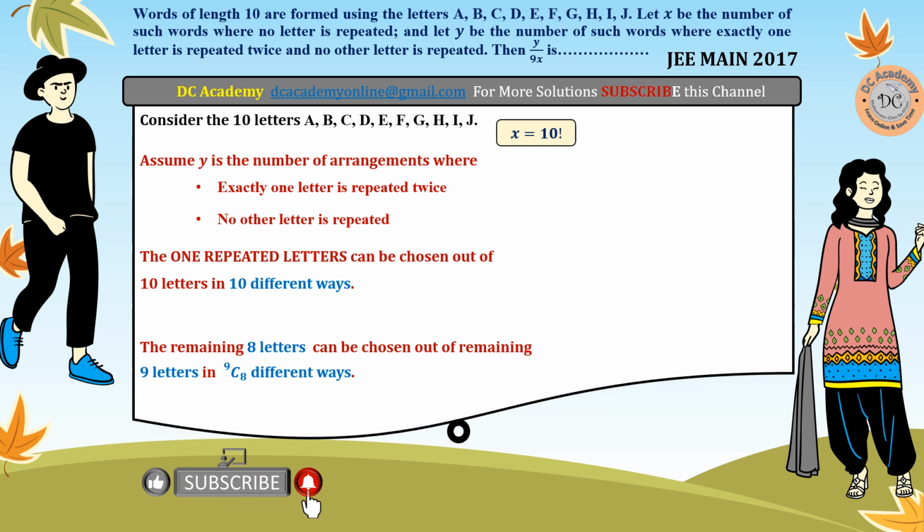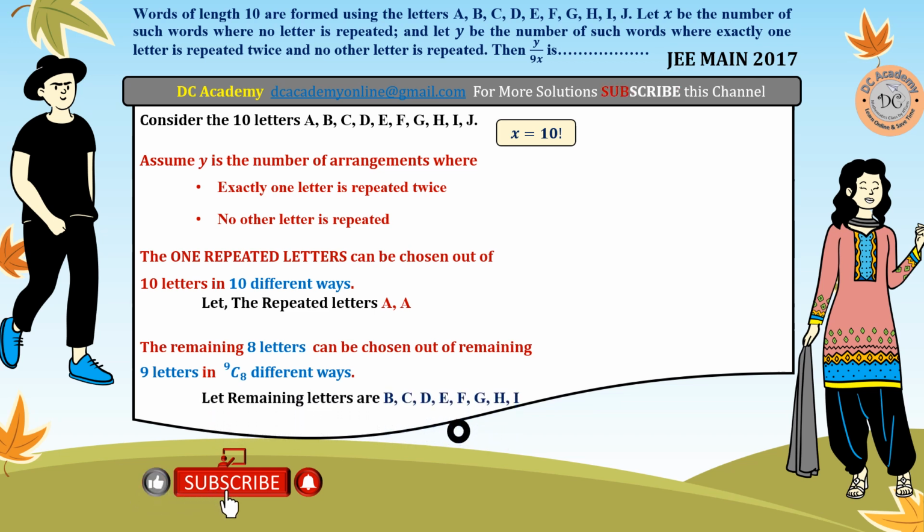Now let's understand the fact. The repeated letters are double A and the remaining letters are B to I. I left J aside because J cannot be selected. So the selected letters are double A and B to I, 10 letters.